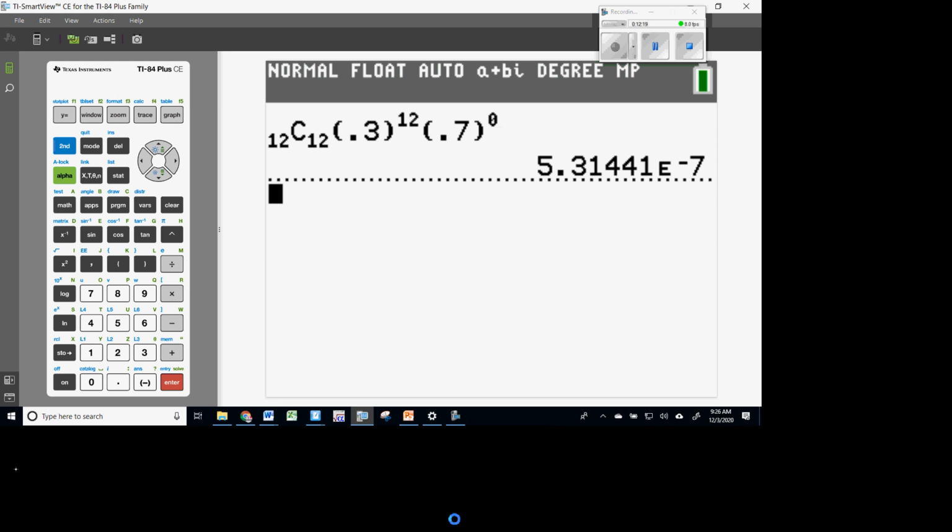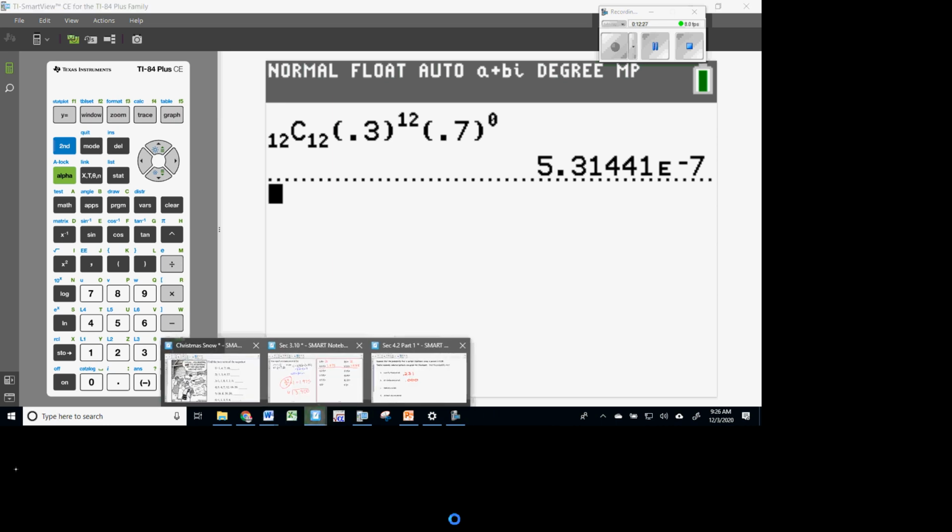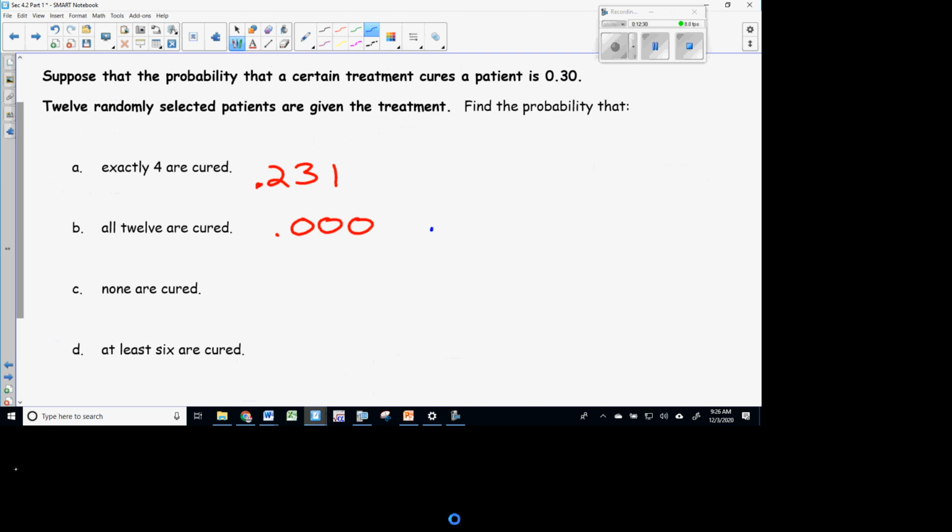So that would be 0.00000053. So is it 0.00000053 if we do it on the calculator? Our chart only goes to 3 decimal places.